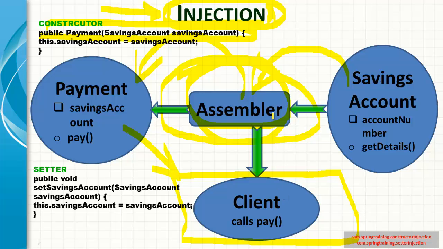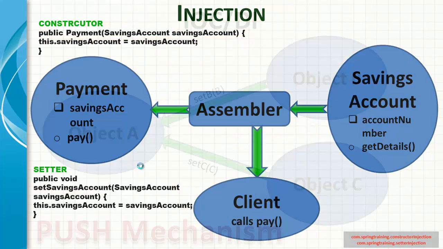The client says assembler, give me the payment service. The assembler goes to the payment service, initializes it, but before initializing it, it goes to the saving account, creates an instance, pushes it inside the payment, gets the payment, pushes it inside the client class, and then finally the client simply uses it. The client says give me the payment service. That's all it does. And the assembler pushes the payment service inside it, either using the constructor method or using the setter method. That's what injection is.